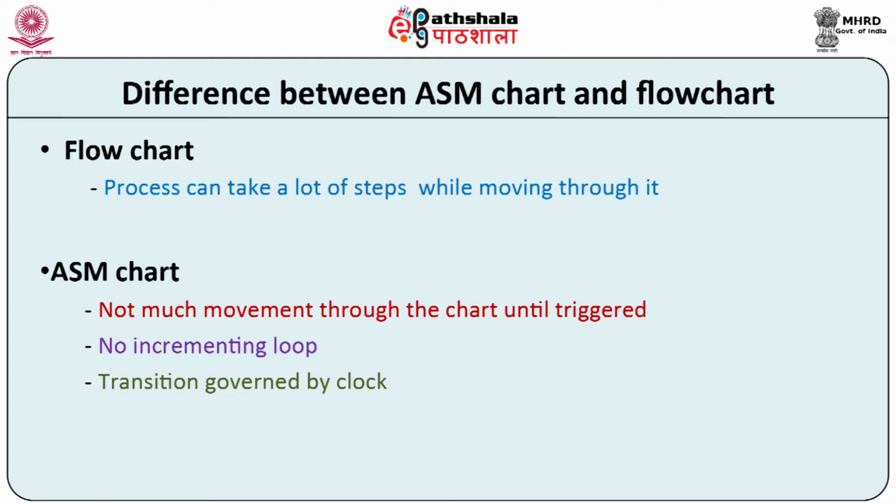ASM chart will not have an incrementing loop for display as counting like flow chart. Instead, there could be counting up state or countdown state or counting pause state. ASM chart would stay in the state until a button is pressed. In ASM chart, transitions are governed by clock and transitions are possible between ASM blocks.